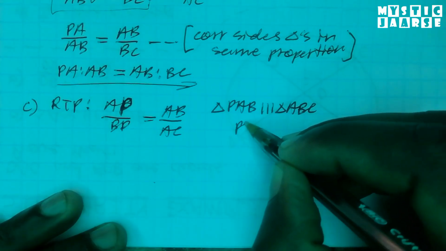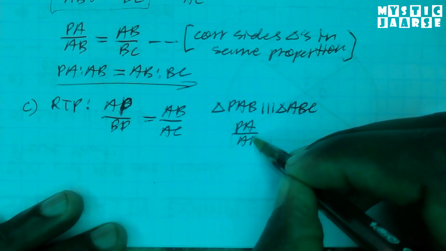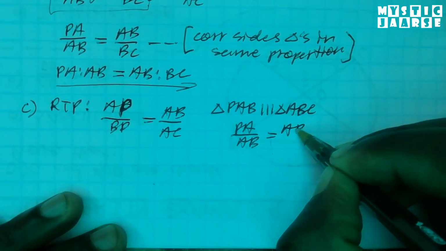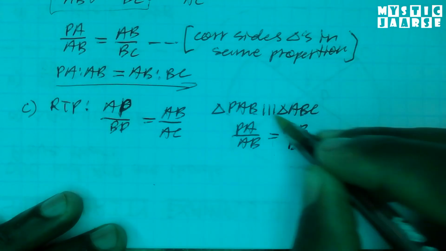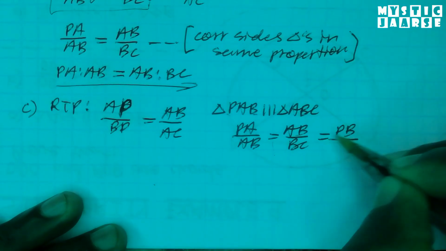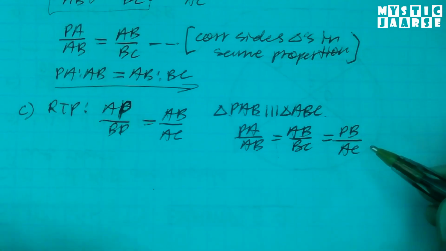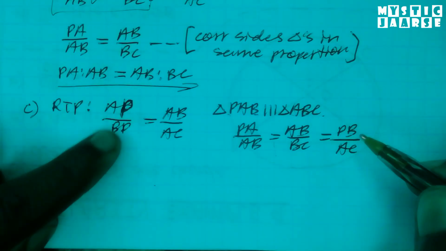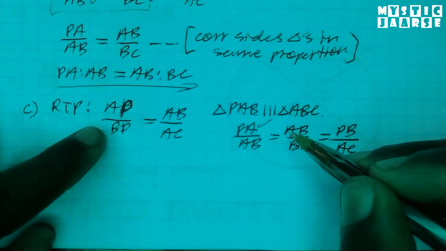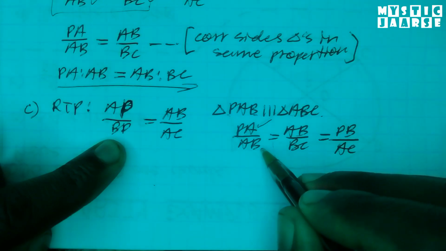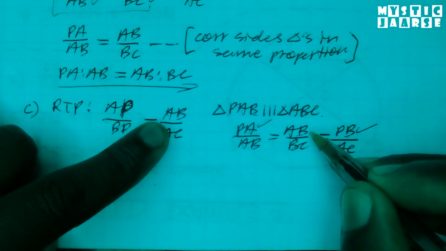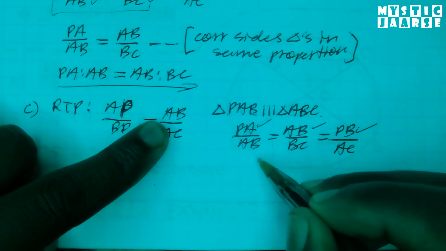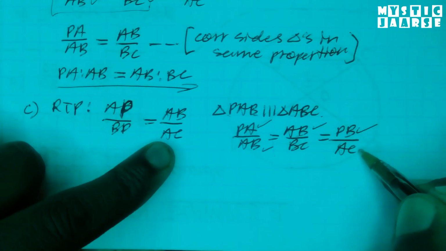So we have PA divided by AB is proportional to AB divided by BC is proportional to PB divided by AC. Now from this we need AP. We have PA, BP, we need AB, we have two ABs, and we need AC.